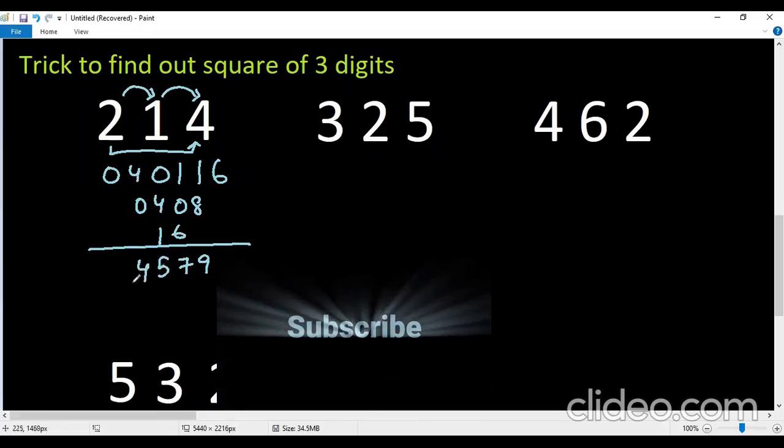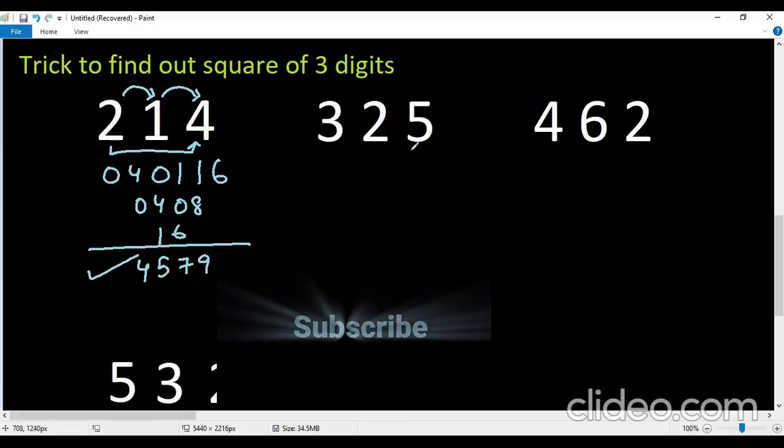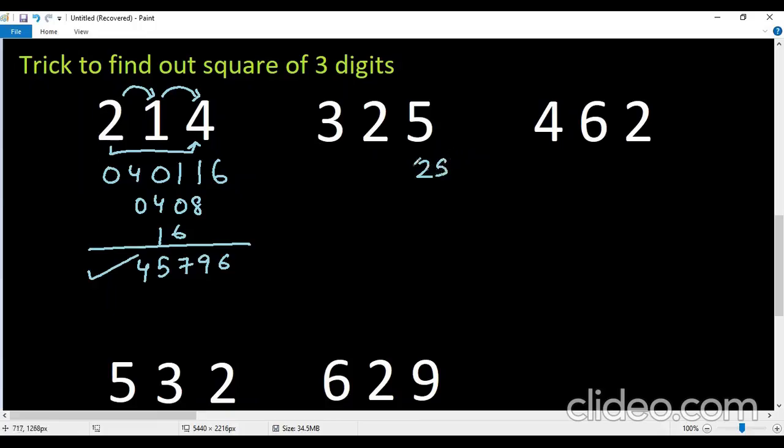This is your answer. When it comes to 325, 5 times 5 is 25, and 2 times 2 is 04, and 3 times 3 is 9, so I will write 09 like this. Now in here next is 3 times 2 is 6, and double of 6 is 12. Now I will write 12 like this, and 2 times 5 is 10, double of 10 is 20.